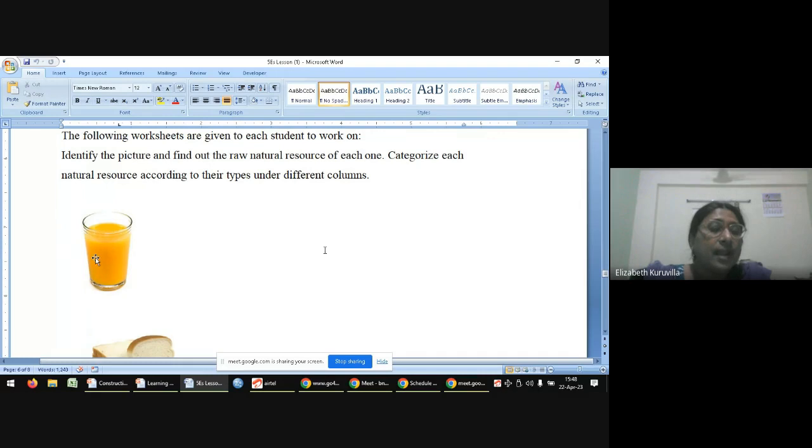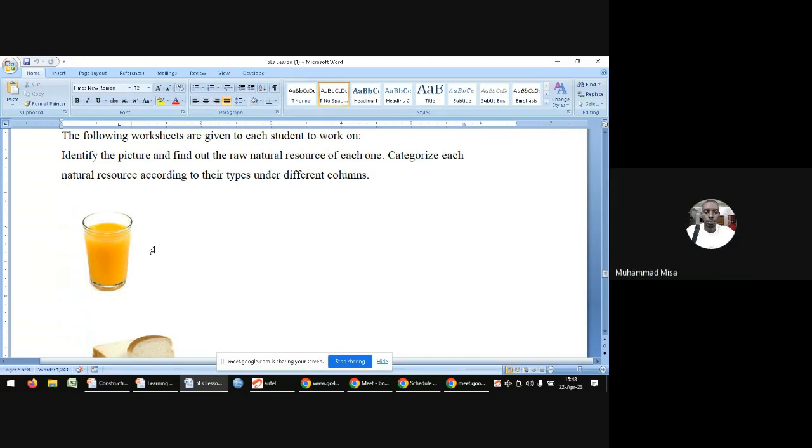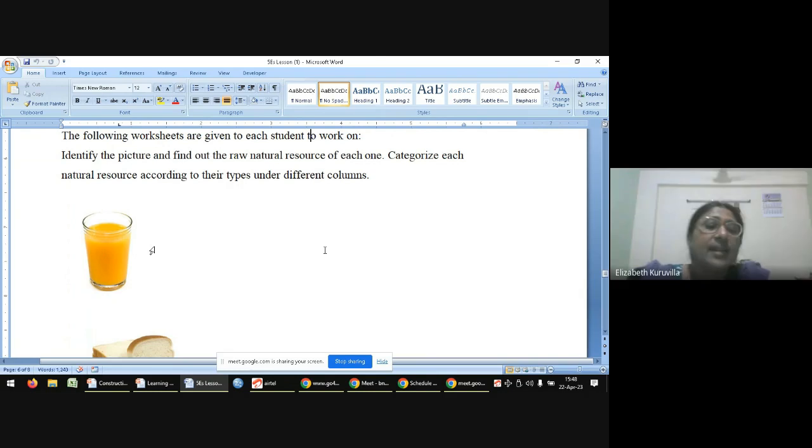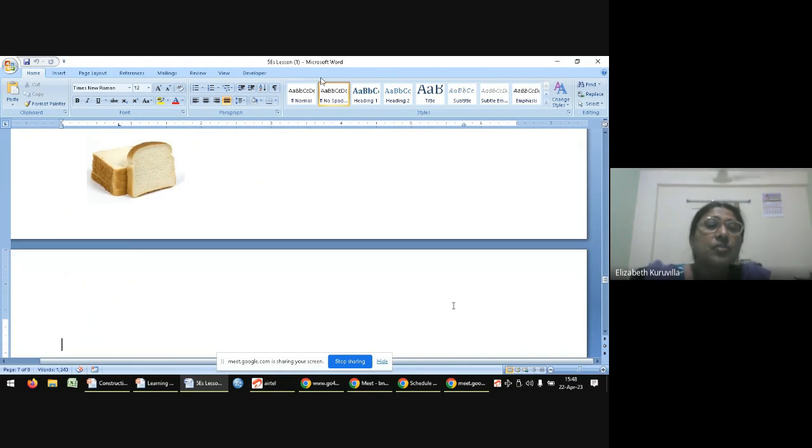Can anybody tell what is the natural resource of this juice? What is the raw natural resource of this picture? Any of you? Orange. Correct answer. Next, what is the natural resource of this?